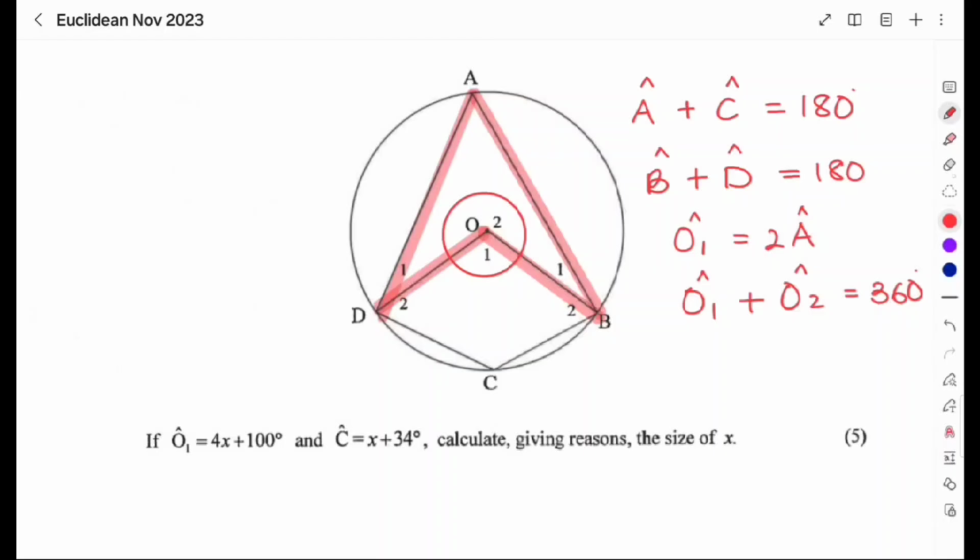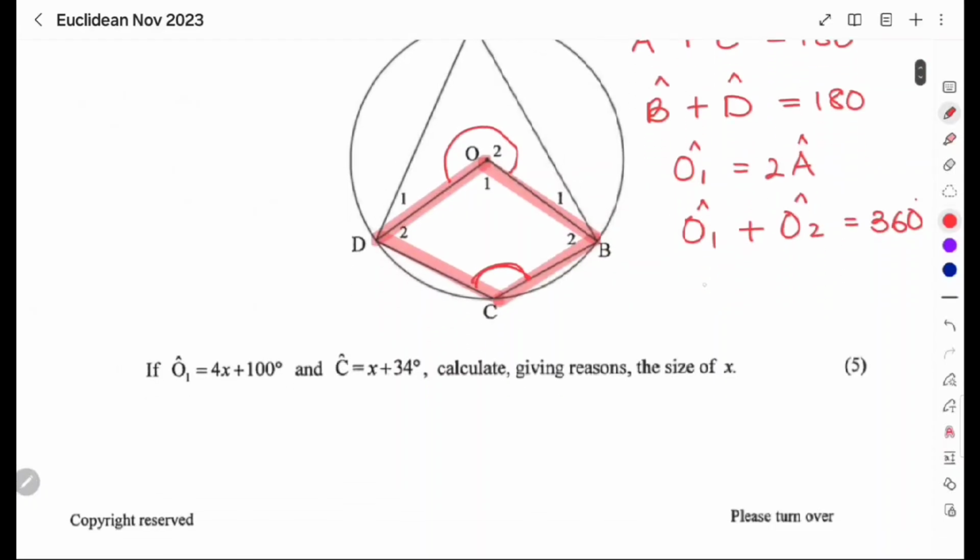Now, the last theorem that you should notice is one that we've previously discussed, but in a different representation. It's a different form of the same theorem. It is the angle at the center, in this particular case, O2, is double the angle at the circumference, in this particular case, angle C.